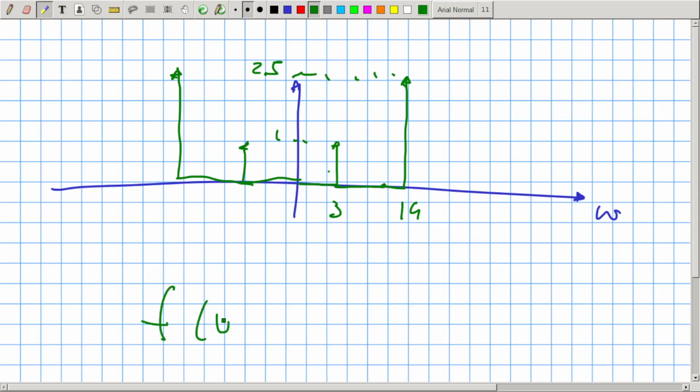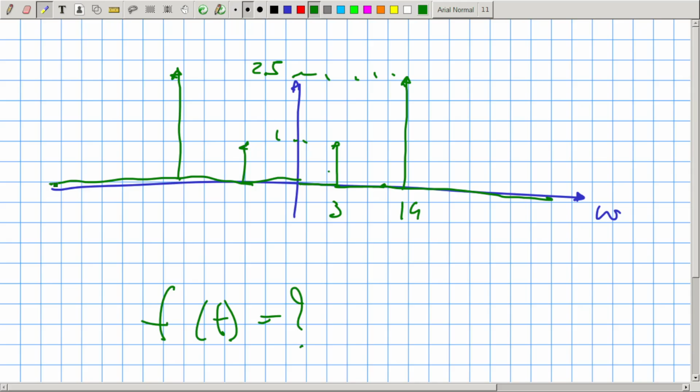F of t equals, you tell me. Go, discuss. The integral of a sum is the sum of the integrals. True? The integral of a sum is the sum of the integrals. Here I see 2 spectral lines.